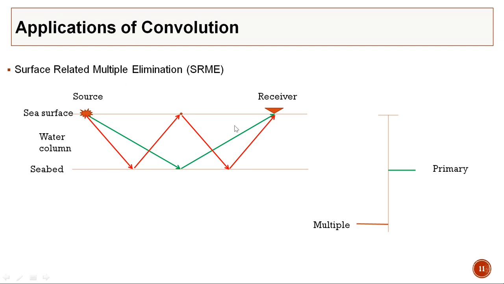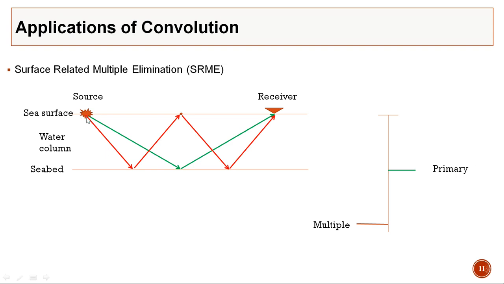So you have the source, the receiver, this is the sea surface, and this is the seabed. So the green arrows represent the primary signal from the source, reflection from the seabed, and then received at the receiver. This is known as the primary, the green signal, so primary is represented here.